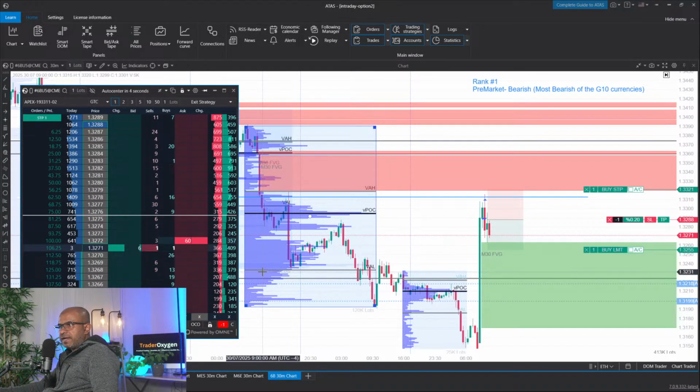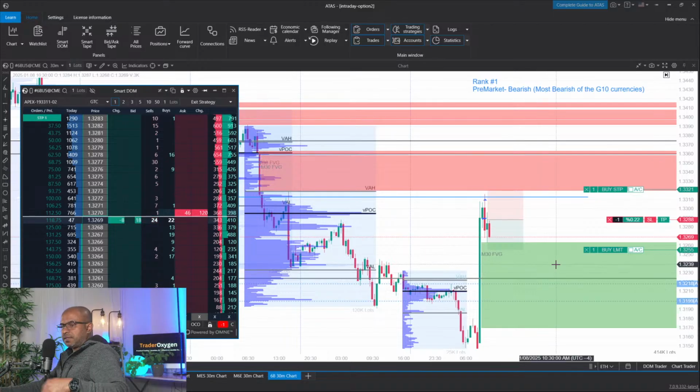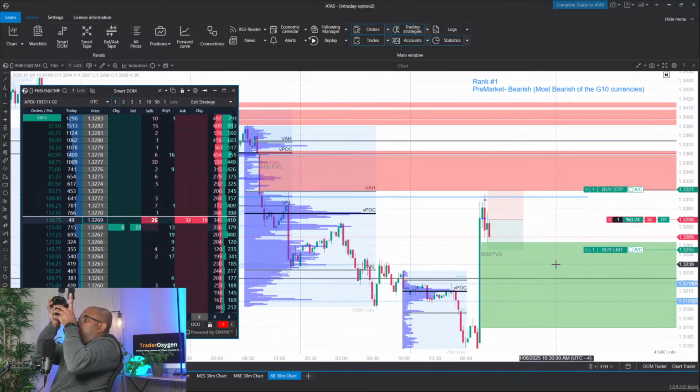Okay, you saw minus change in the sellers. That means sellers were slightly backing. The price is pushing down. It's going towards the profit target.